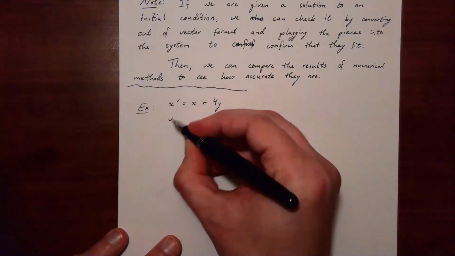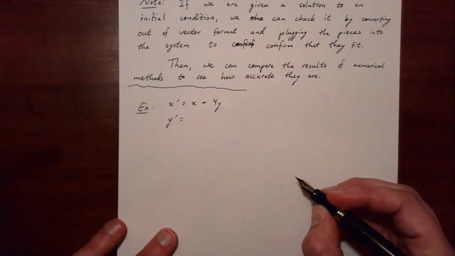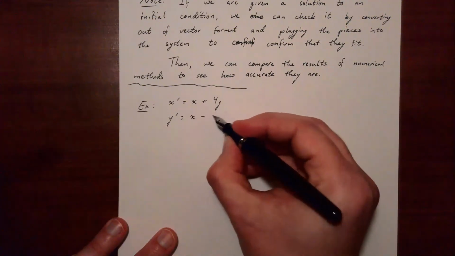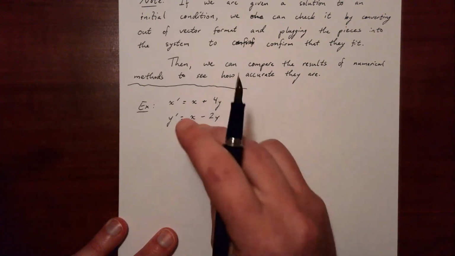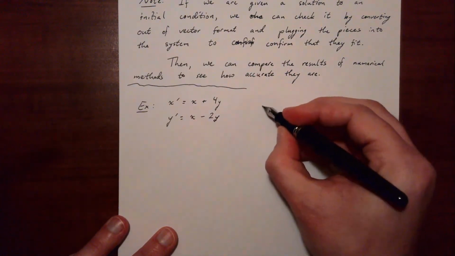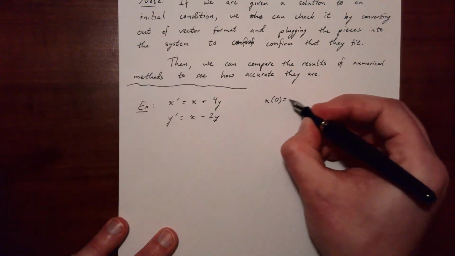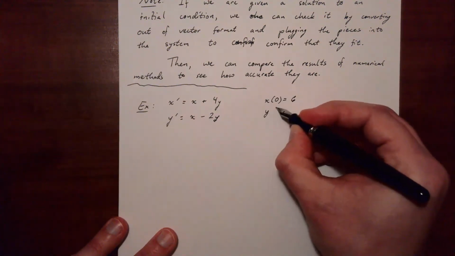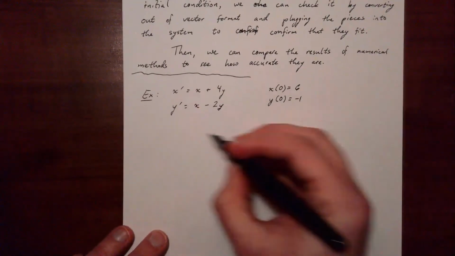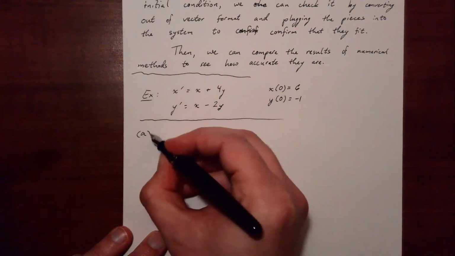Right now, I'm just giving it to you out of thin air, but within a couple weeks, you'll know how to find it for yourselves. Same system, and we're going to say x of 0 equals 6, y of 0 equals -1, and then here are the things we can do.